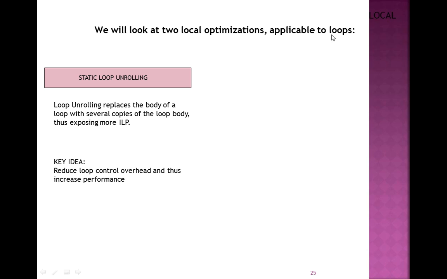We will look at two local optimizations that are applicable to loops. One is static loop unrolling. Loop unrolling replaces the body of a loop with several copies of the loop body, thus exposing more ILP, that is, more than one instruction executing in parallel.